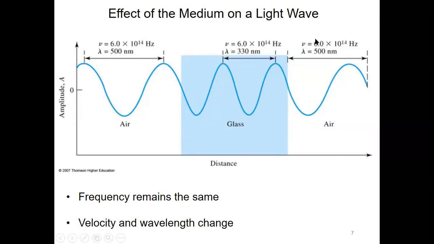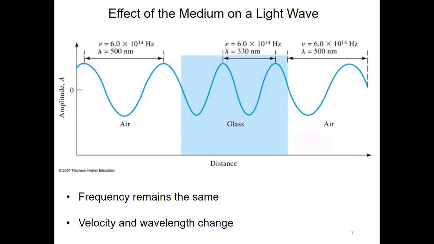Frequency will not change in a different medium. But the wavelength changes, and therefore the velocity changes. For example, think of it this way: you are traveling through a certain road, and when there's less traffic, we can move easily or go faster.